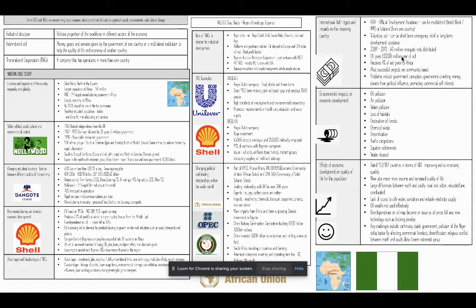And that all has an impact on development. So the context, the political, social, cultural, and environmental context, the TNCs, so Unilever and Shell, and those trading links and relationships with the rest of the world all impact the development, standard of living, and quality of life of Nigeria.